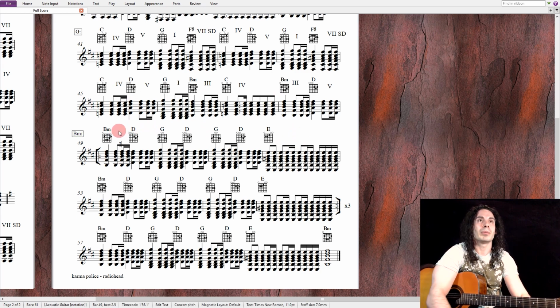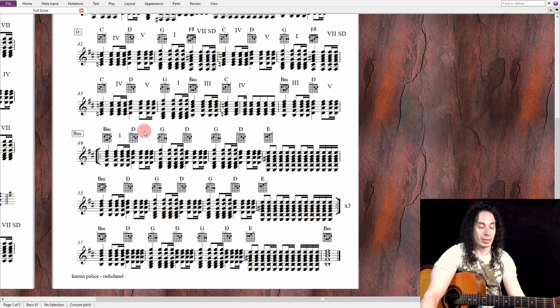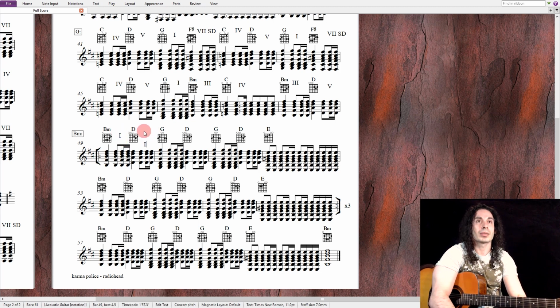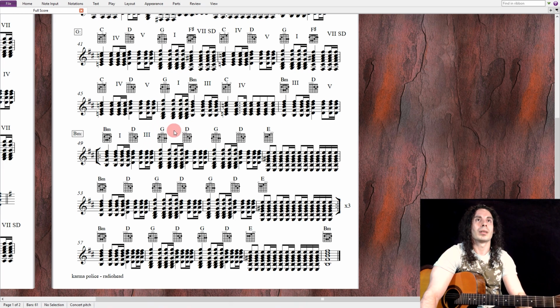Here B minor is the one, D is the relative major, is the third, G is the sixth, then D is the third, G is the sixth. So far so good, we are in B minor.